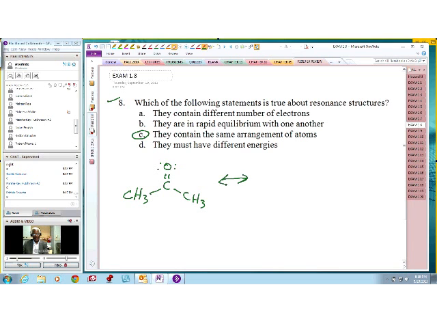So for this, if I want to write resonance for this molecule, I could think of a movement of electron in which I move this pi electron here to oxygen, and if I do that, I get this. Now I will have a formal charge on oxygen of -1 and a formal charge on this carbon here of +1 because I moved the electron away from this carbon.